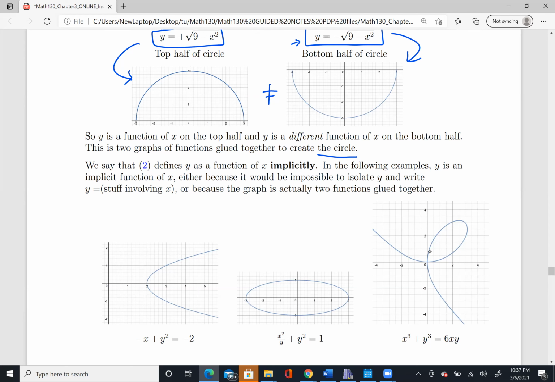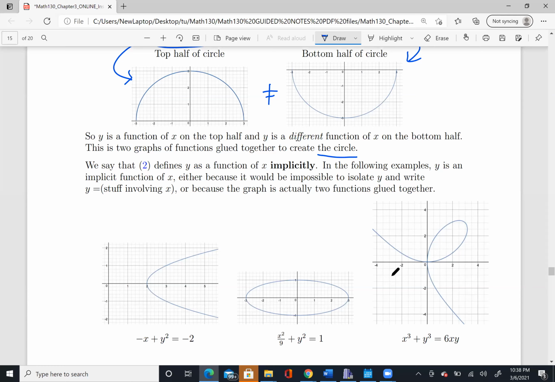In the following examples, y is an implicit function of x, either because it would be impossible to isolate y and write y equal to an expression involving x, or because the graph is actually two functions glued together.